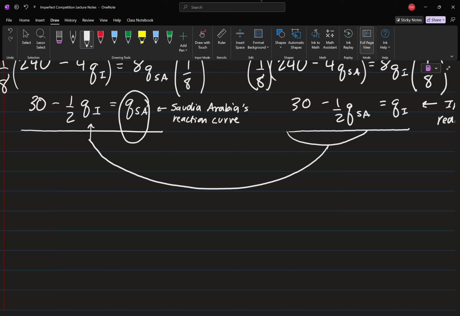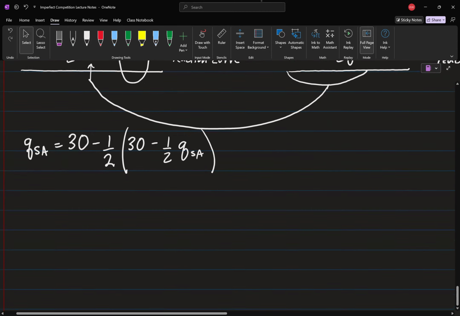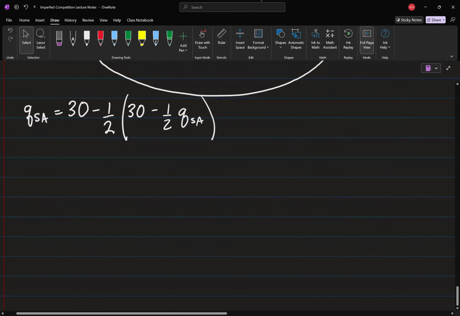So we'll have that Saudi Arabia's output is equal to 30 minus 1/2 times the amount produced by Iran, which we found is equal to 30 minus 1/2 times the amount produced by Saudi Arabia. So you can see now in our equation, we only have one variable, and that is the output produced by Saudi Arabia.